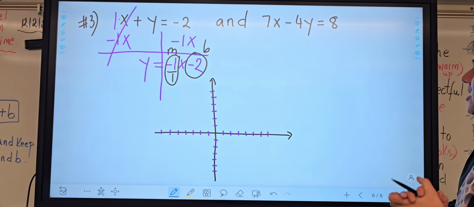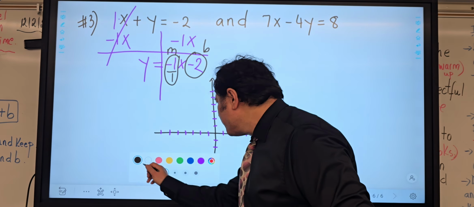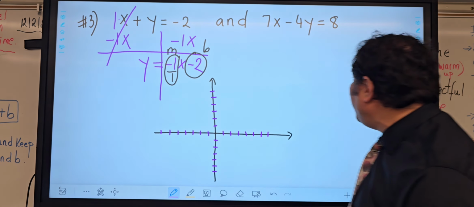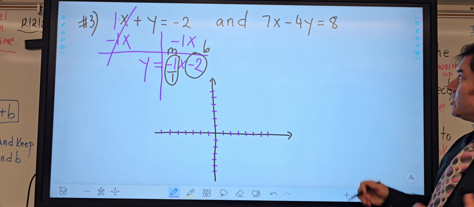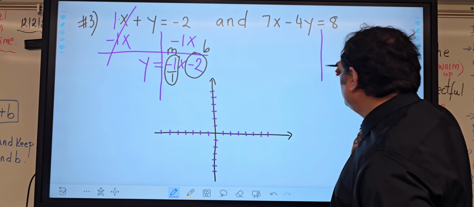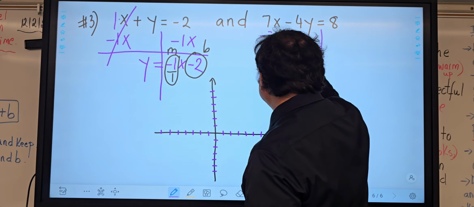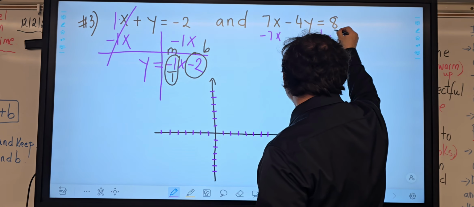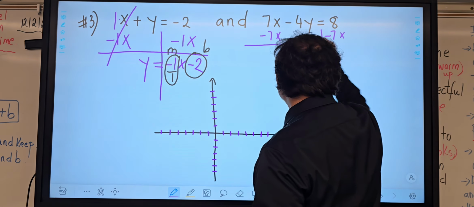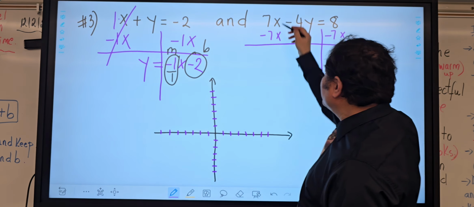We have 7x minus 4y equals 8, right? So in order for us to get the y by itself, we need to subtract 7x first from both sides. So let's subtract 7x on both sides. 7x minus 7x cancel out, right?